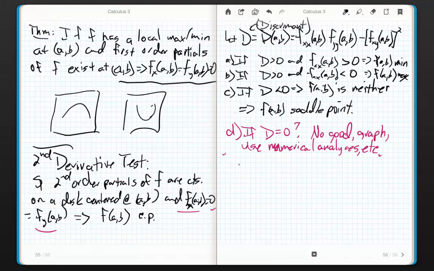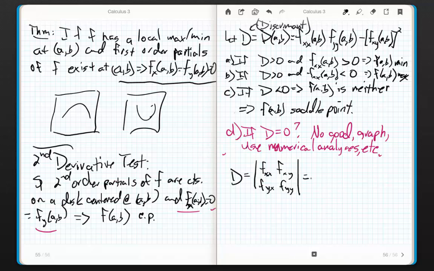The textbook actually uses something interesting, and I think this is where they got D. They're saying that D is the discriminant of fxx, fxy, fyx, and fyy. If you remember back from your matrix algebra, we know that fxy and fyx can be interchanged.